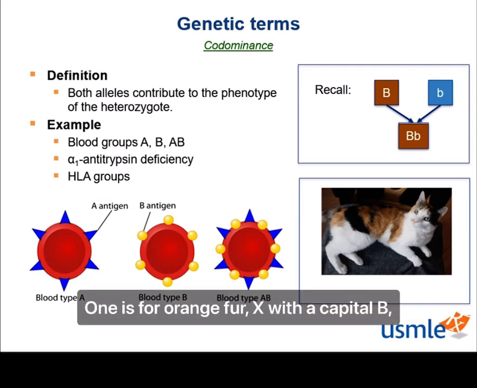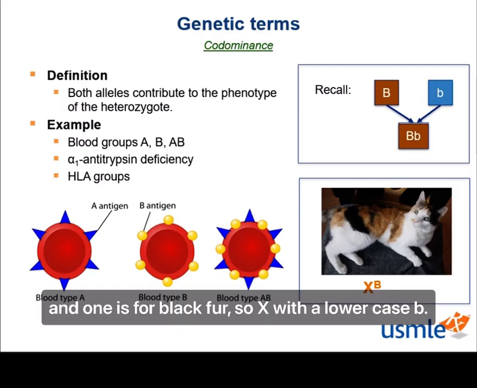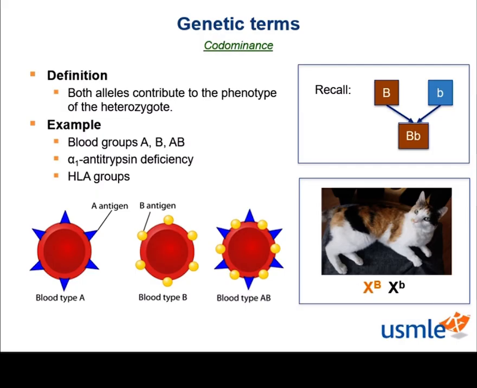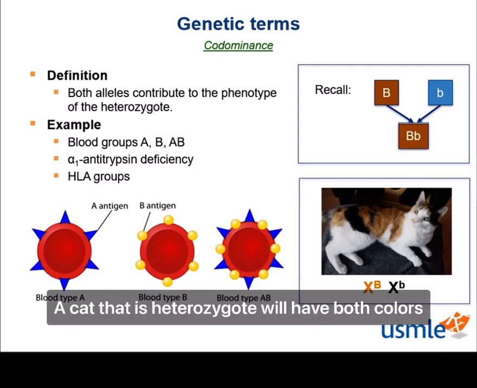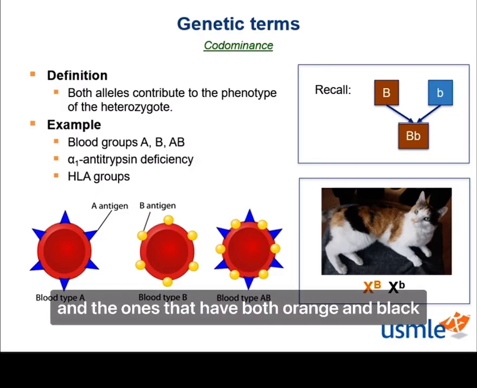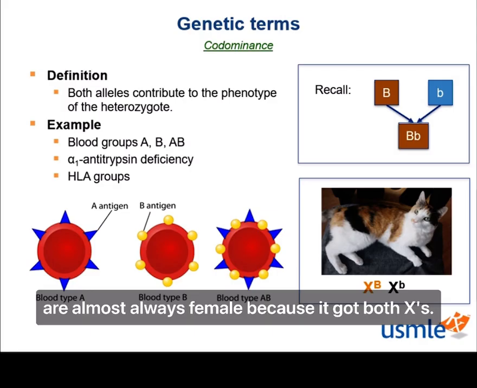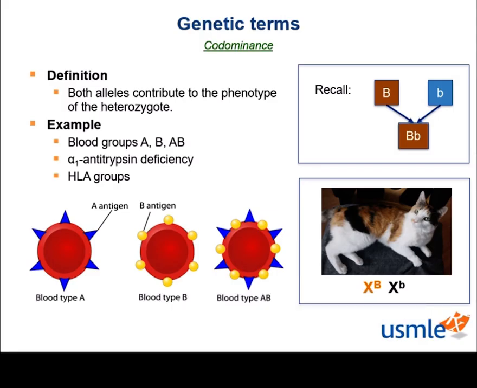One is for orange fur, X with a capital B, and one is for black fur, so X with a lowercase b. A cat that is heterozygous will have both colors, and the ones that have both orange and black are almost always female, because it got both X's.